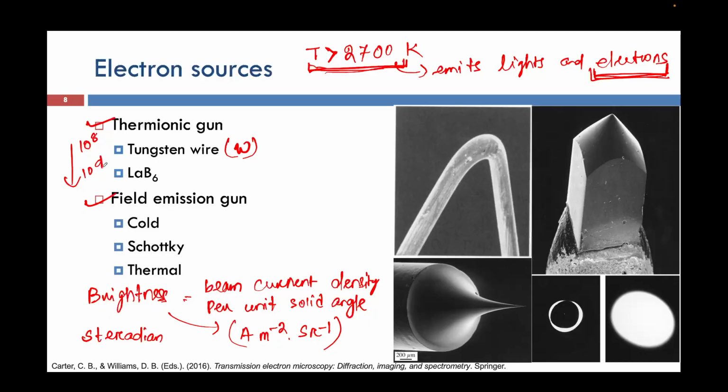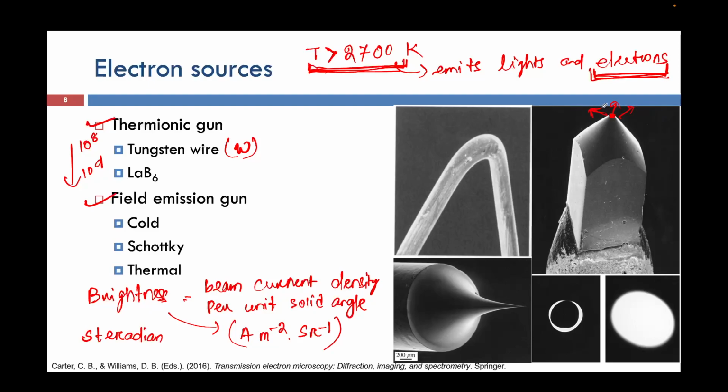And when I go to field emission, what do I mean by field emission? Instead of using temperature, I use electric voltage. That means I make a very fine tip, like here. If I provide a huge amount of positive potential, then electrons will start coming out from this tip.